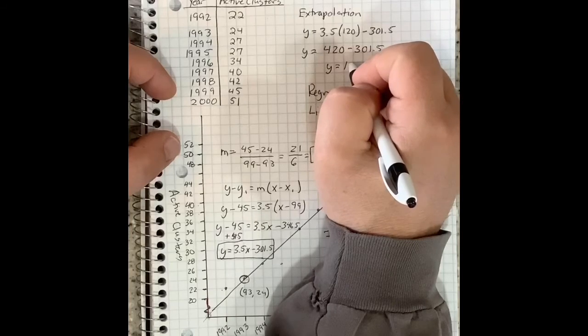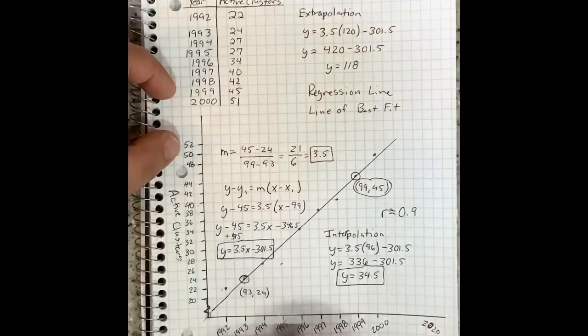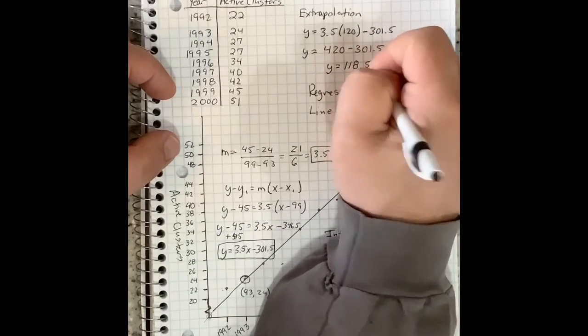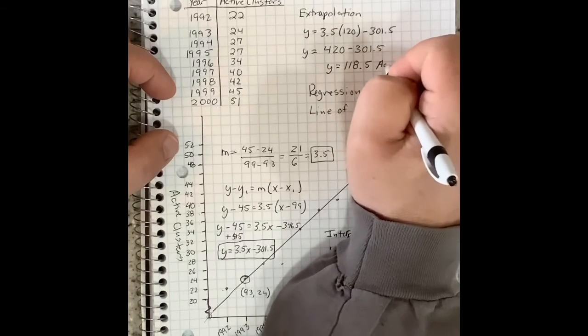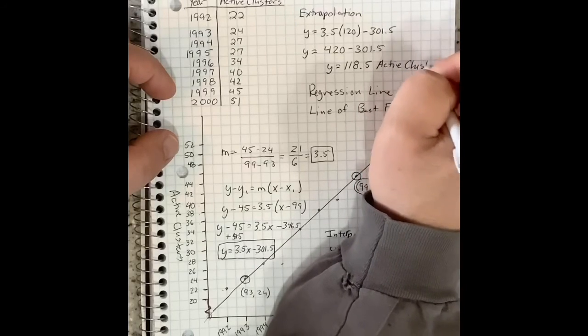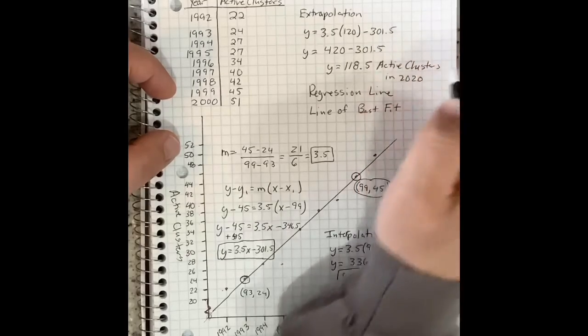If this line were to continue for the next 20 years after this data point, then the prediction would be that you'd have 118.5 active clusters of woodpeckers in 2020. That would be a prediction you could make.